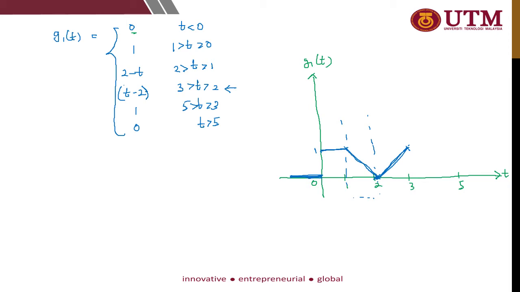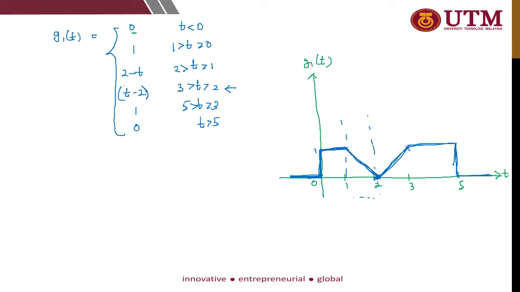Next is from 3 to 5, where the magnitude is constant 1. Lastly, when t is larger than 5, it is 0. Then you just join them. Very poor freehand sketching, sorry for this.